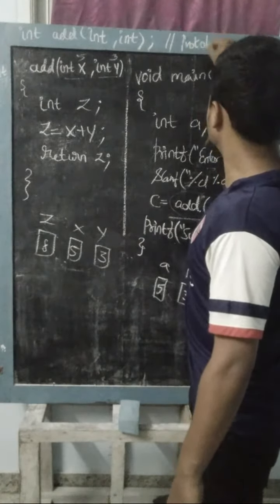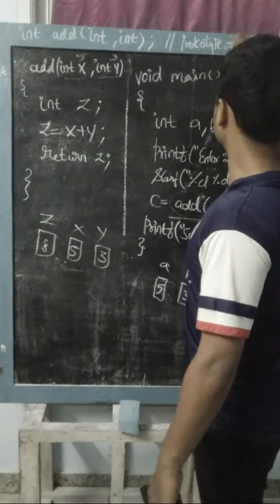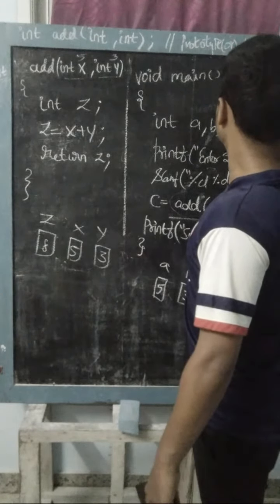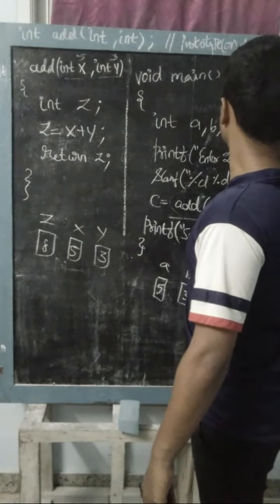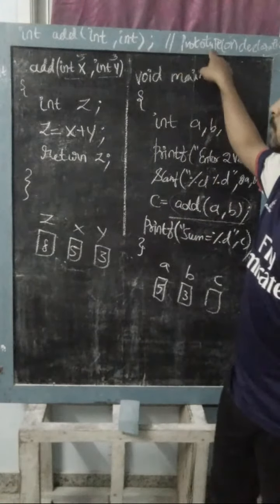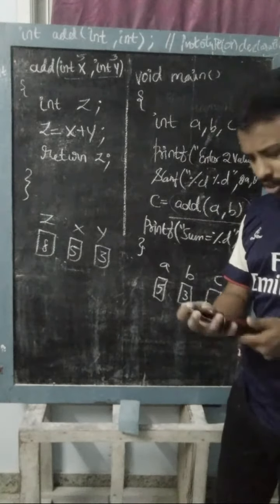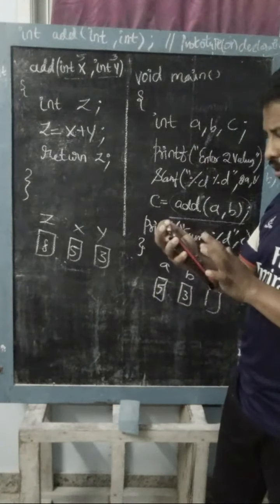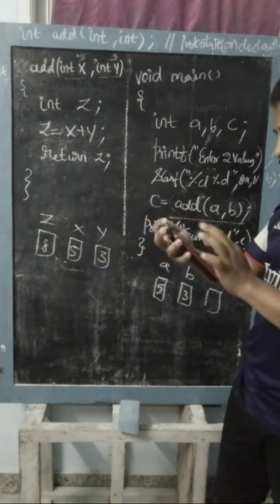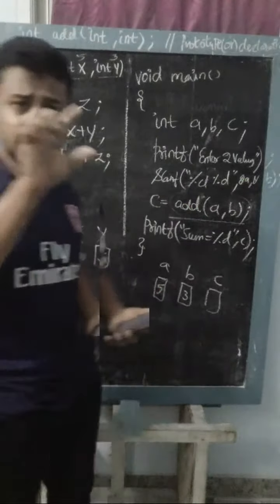Function prototype or declaration. You got it? It is called function prototype or function declaration. So what is the way to write the program? First, you need to write the header file.